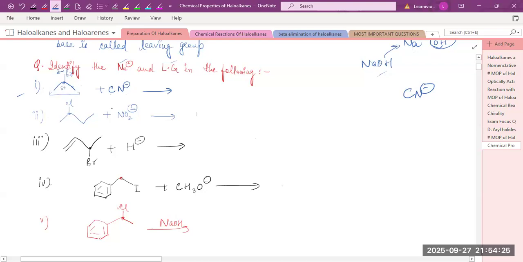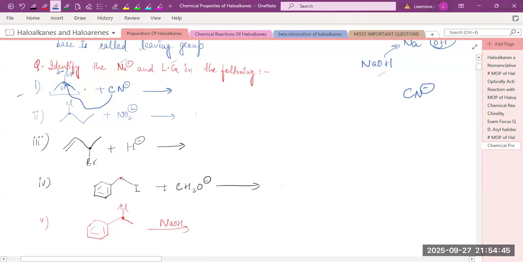Here, basically, it will attack from the carbon side. You have to remember this will attack from the carbon side. So cyanide will come and attack because this is a nucleophile. It has a negative charge on it, so it will attack this carbon, which has a positive sign.